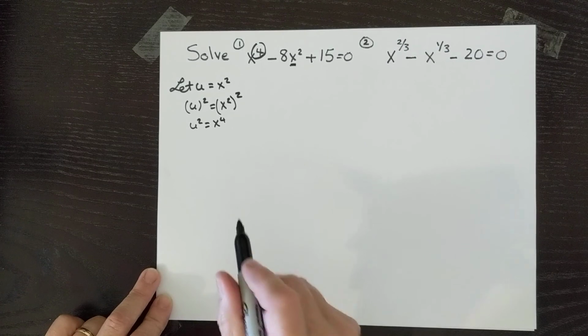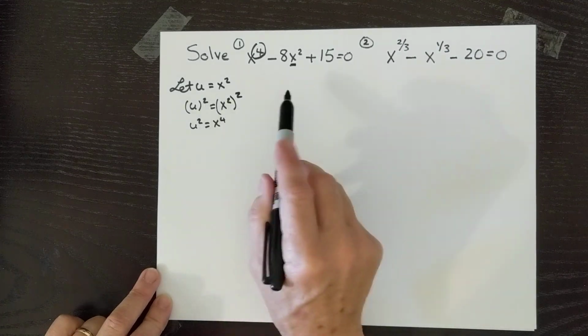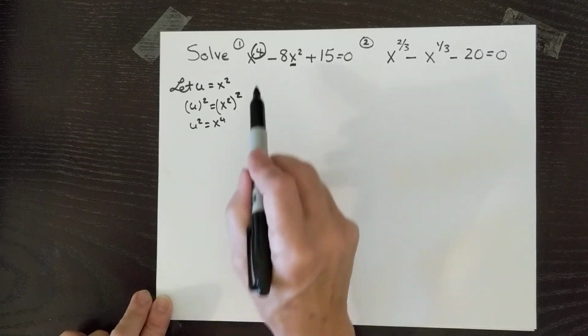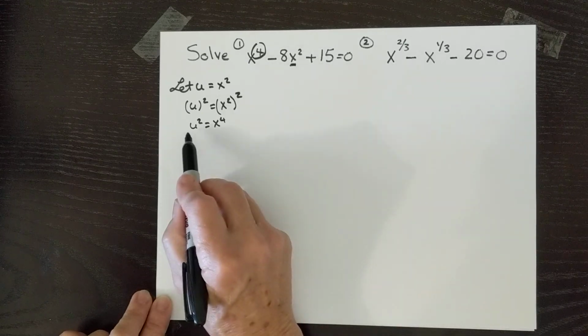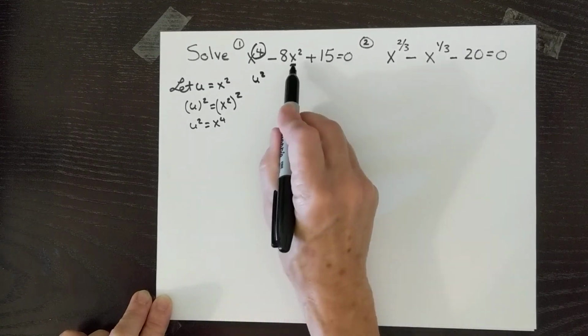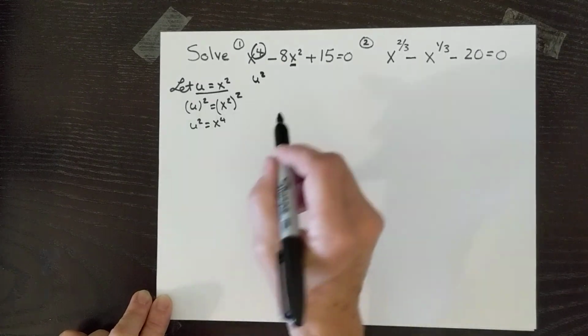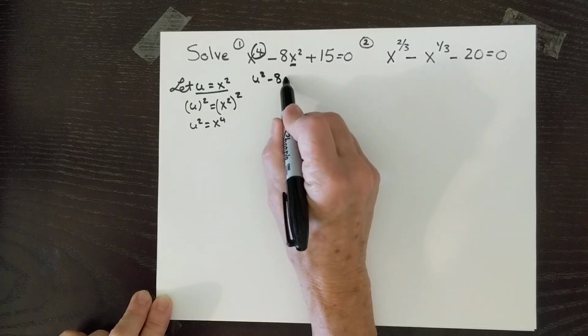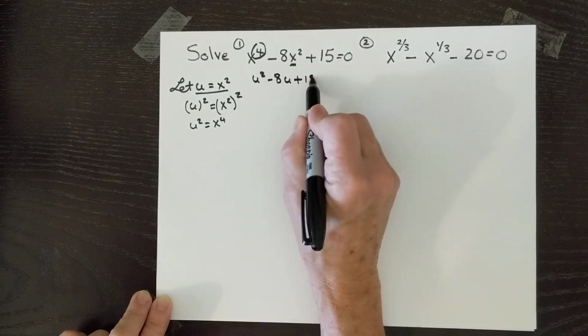Then you ask yourself, could I possibly rewrite the given equation in terms of U? And I could. x to the fourth could be rewritten as U squared, and negative 8x squared could be written as negative 8U, plus 15.